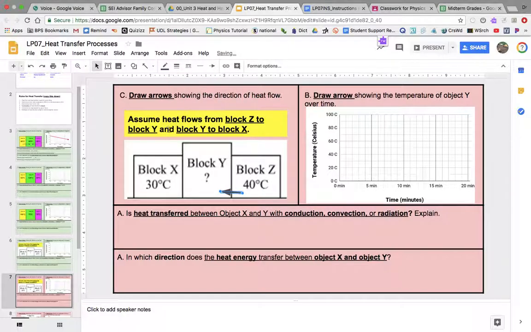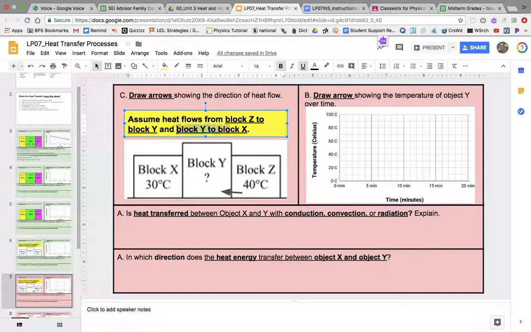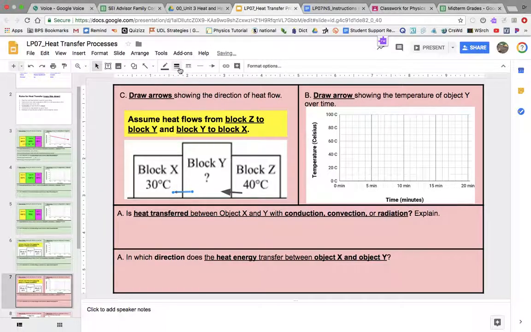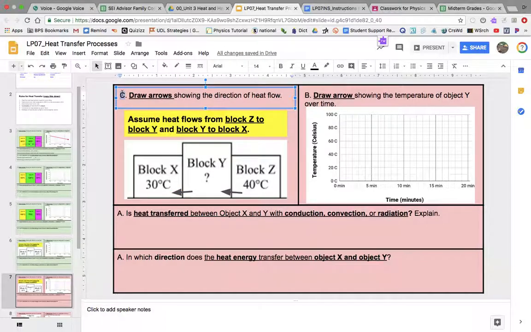Then it says heat flows from block Y to X. So I'm going to draw an arrow from Y to X. Increase the size. So I finished C. This is an easy question, C.